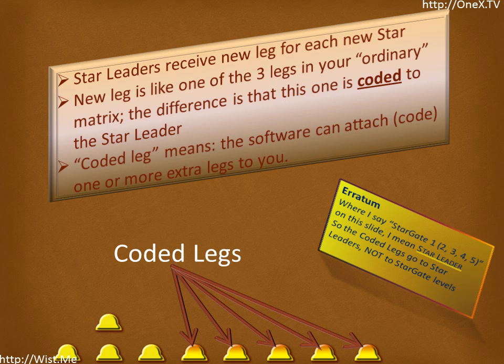And in 1X they call it a coded leg. So the software will code an extra leg to you. And if you have seen your 3 by 9 matrix, just imagine what will happen if you get a new 3 by 9.